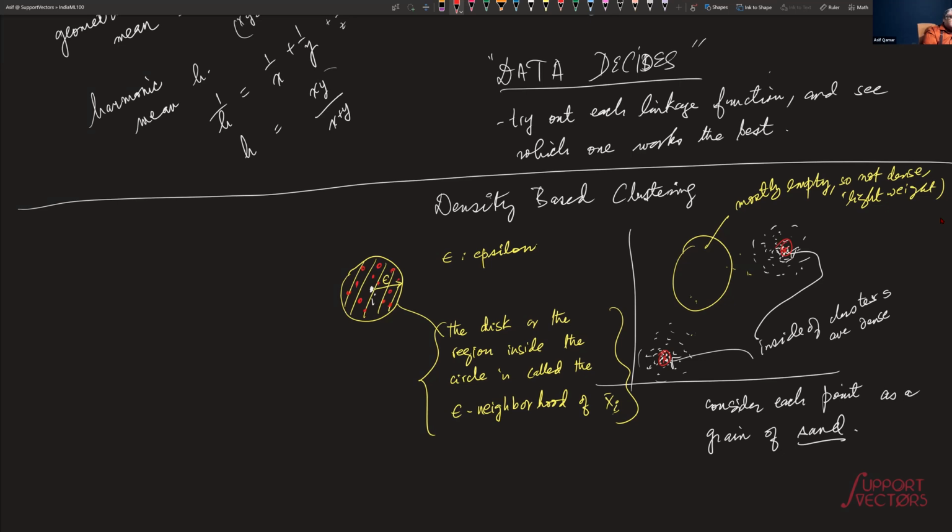So it says count the number of neighbors of xi inside its epsilon neighborhood. Let's say, how many neighbors do I see here? 1, 2, 3, 4, 5, 6, 7, 8, 9, 10, 11, 12, 13. Here it is 13.